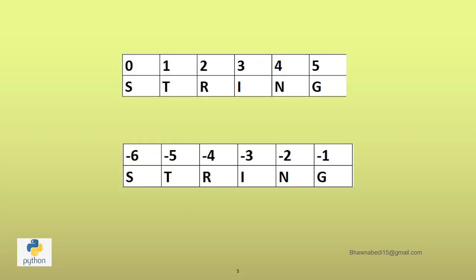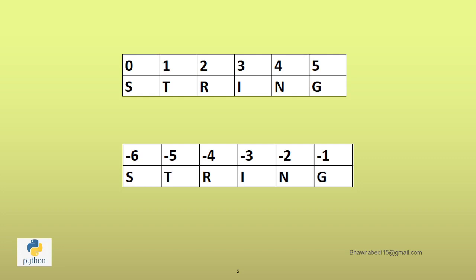Before moving on, I hope you remember the indexing concept which I explained earlier. For example, what you see on the screen right now is a string. This can be any word, or even a sentence. Right now I have taken the word string. S is at the 0th position, T is at first, R is at second, I is at third, N is at fourth, G is at fifth position. These positions are when reading from left to right.